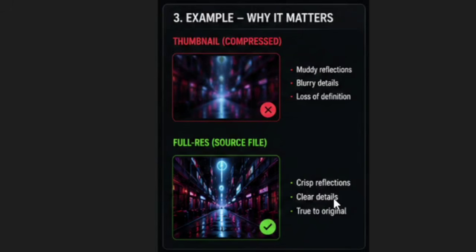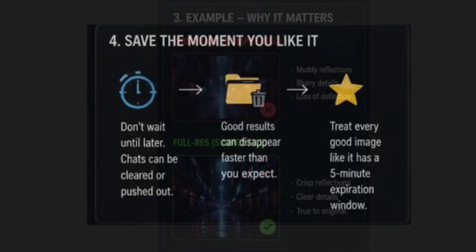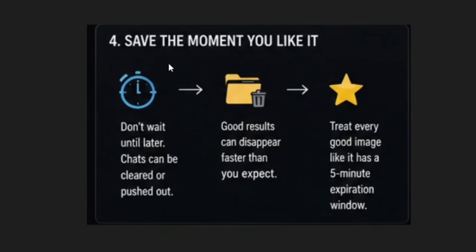I've had people tell me they lost an entire batch of generations because they figured they'd clean up and download everything at the end of the day. The fix is a habit, not a tool. Save the image the moment you decide you like it, not after you've generated 10 more. Treat every good result like it has a 5-minute expiration window, because functionally, sometimes it does.